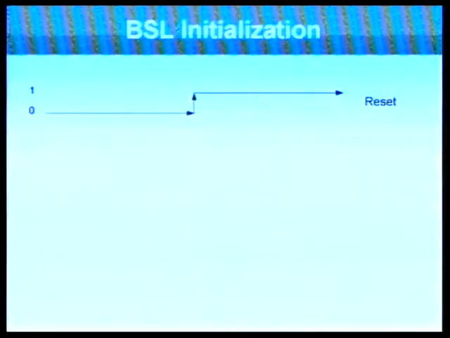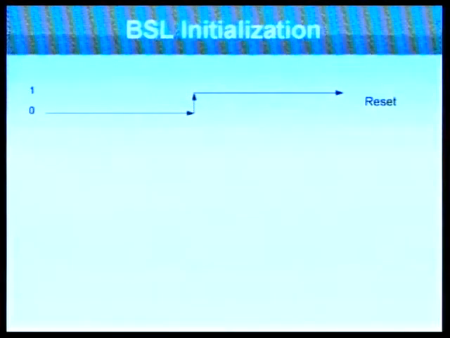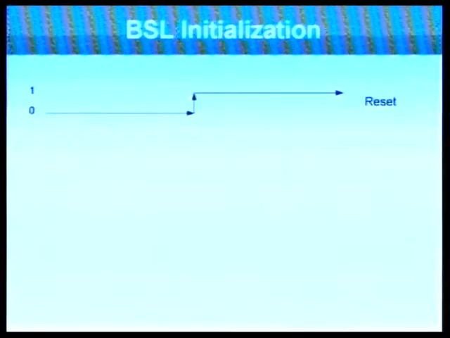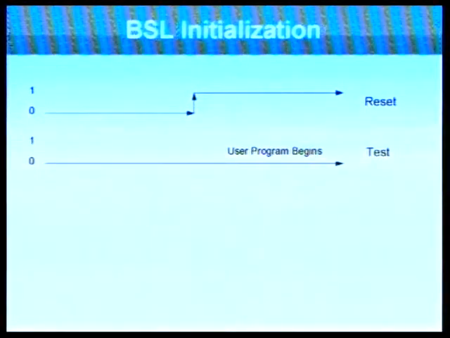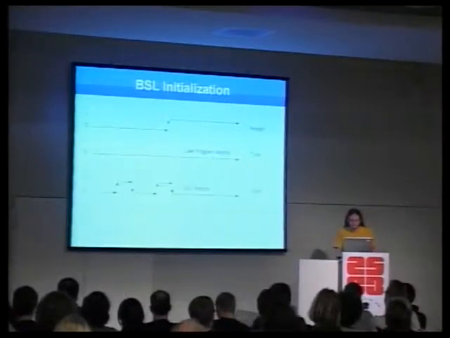Now, to start the BSL, because keep in mind this is a microcontroller, it has no innate operating system. Usually you turn the microcontroller on by raising the reset pin from 0 to 1. And if your test pin remains grounded throughout that, then the user program will begin.